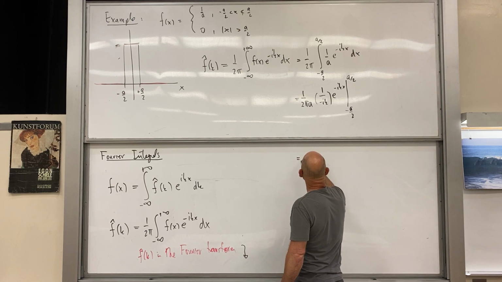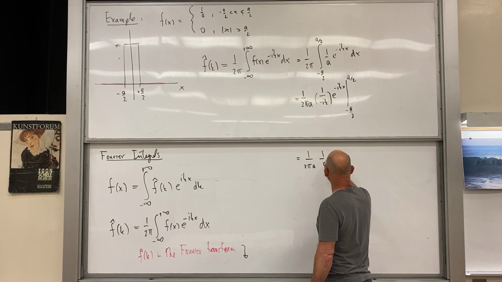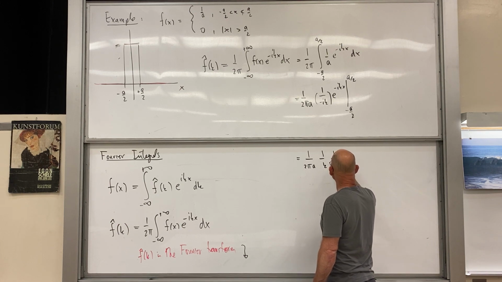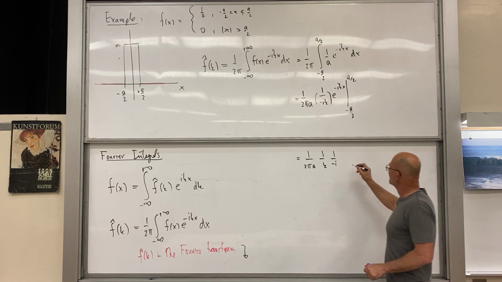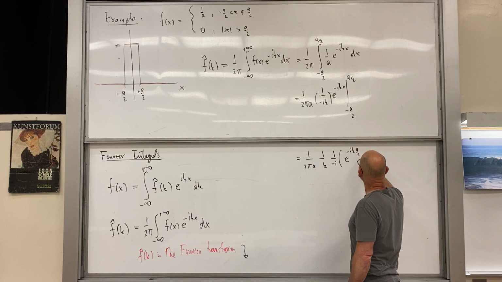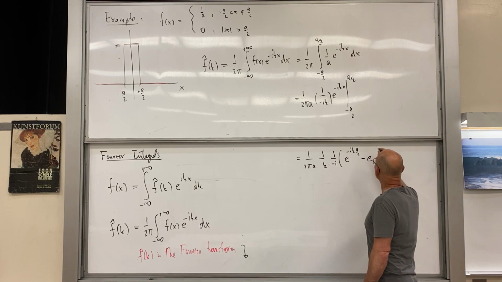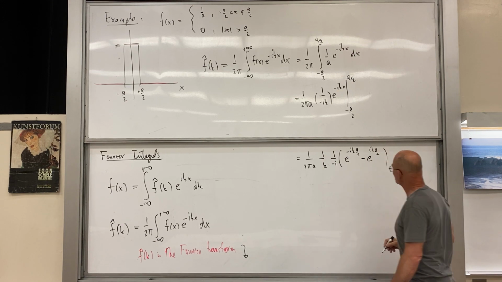We have 1 over 2 pi a, I've got 1 over k, 1 over negative i, I'm going to leave that there. And then e to the minus i k a over 2 minus e to the i k a over 2.